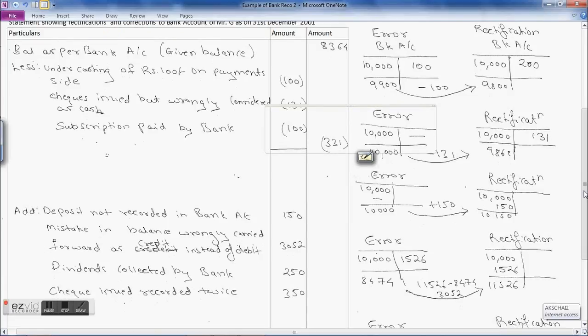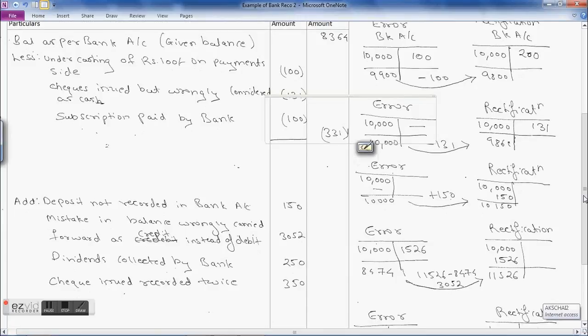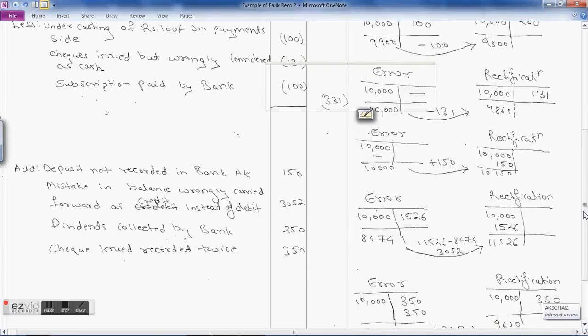Then 150, 3052, 250 and 350. Let's see how much it comes to. So this comes to 3802.